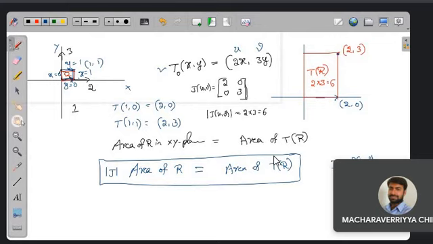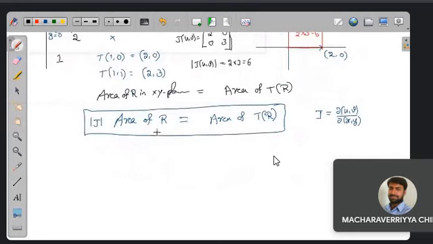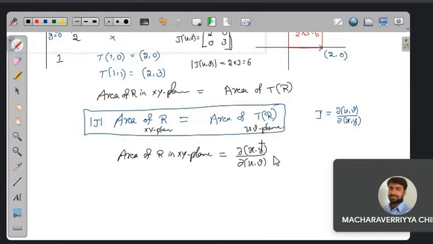Whereas if you want to write it the other way, where I'm treating this as the XY plane and this as the UV plane, the other way you can write it like this: area of R in the XY plane equals the Jacobian of (x, y) with respect to (u, v) into the area of T of R in the UV plane. You may ask what this notation means.